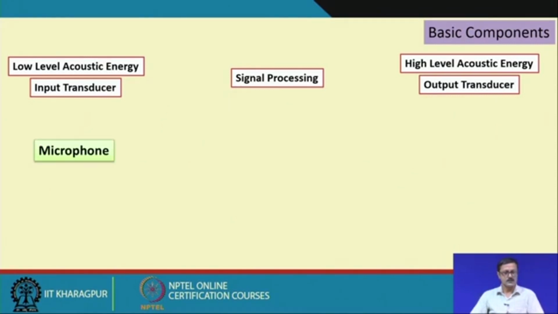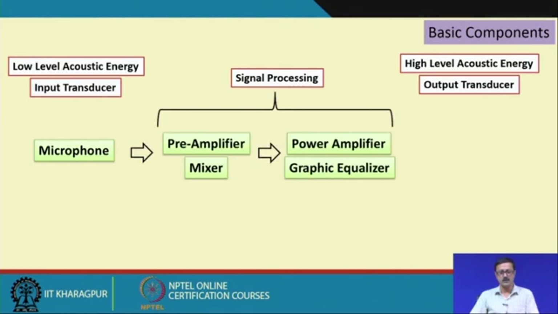And this input transducer for the low level acoustical energy can be a microphone, which I have just now told you, I also have a microphone over me. Then the captured sound from the microphone goes to the signal processing unit, which has basically two parts, one called the preamplifier or mixer, and another called the power amplifier or the graphic equalizer.